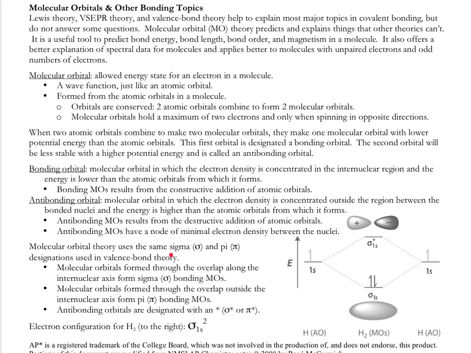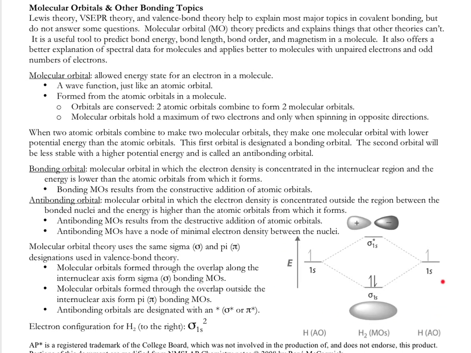So molecular orbitals along the internuclear axis are sigma bonds, same idea as before, but if they are overlapping outside that axis, they're pi bonding. With antibonding, it's shown as an asterisk, but it's read as star. So it's sigma star and pi star.